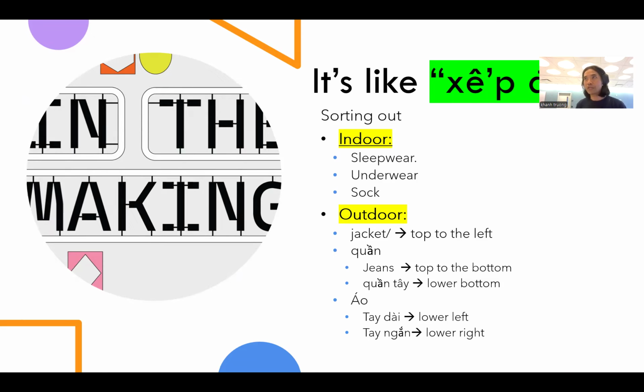Then you specify a specific location for each category of clothes. Let's say all of the jackets are going to be on the top left corner of the closet, and all of your underwear and socks are going to go to the bottom left corner. You specify only one location for one category of clothes.